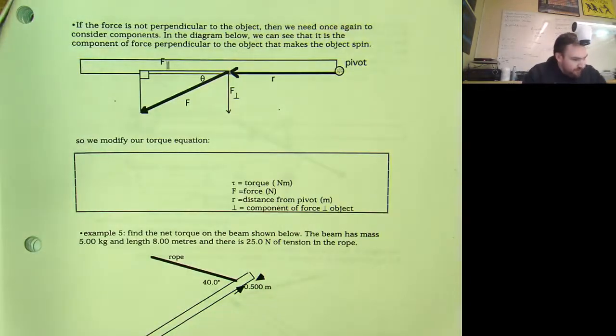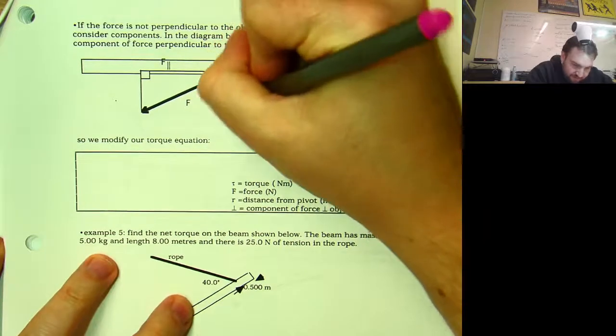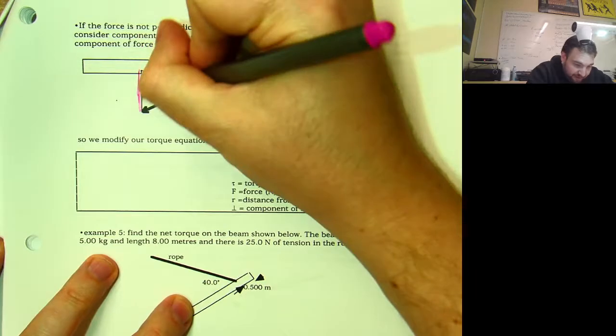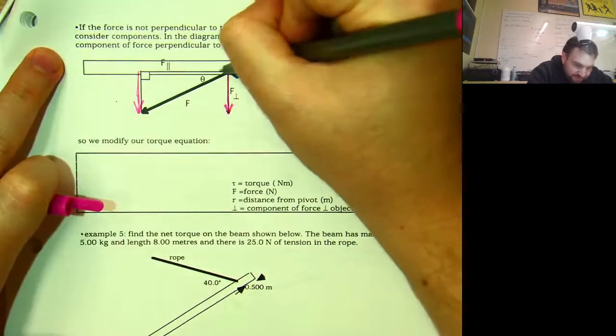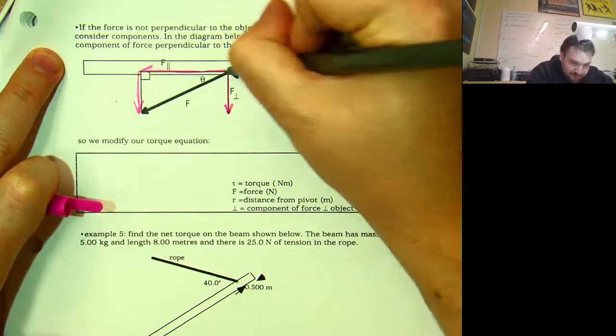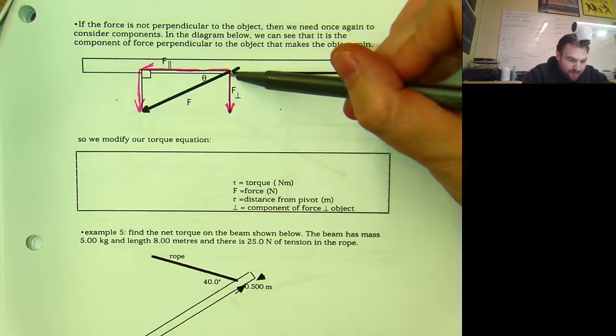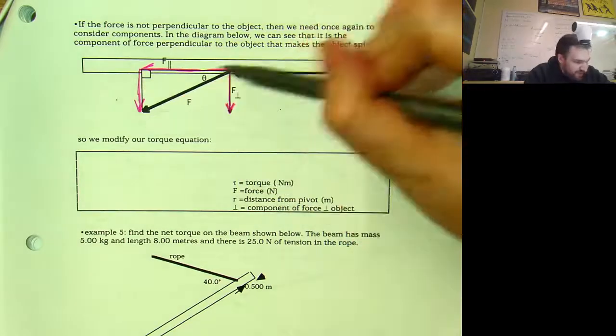Okay. So I've got F perpendicular, which I could draw on my component triangle right here. There's my F parallel. Now it's important to recognize that it actually acts where the force acts, but in my component triangle it gets drawn kind of oddly like this.